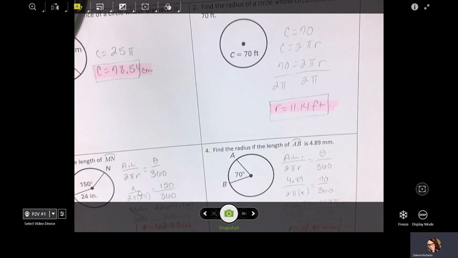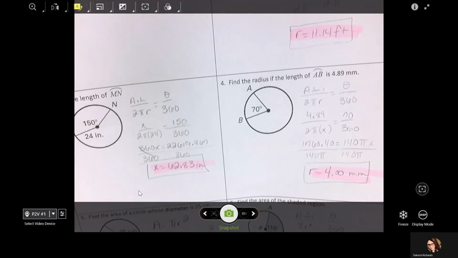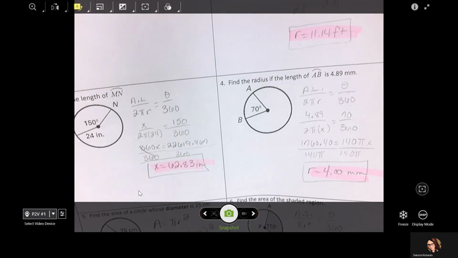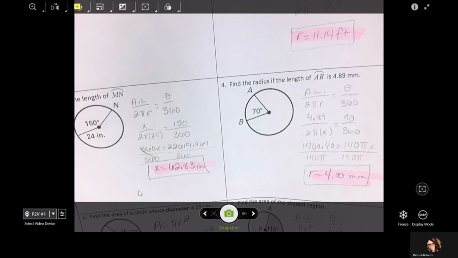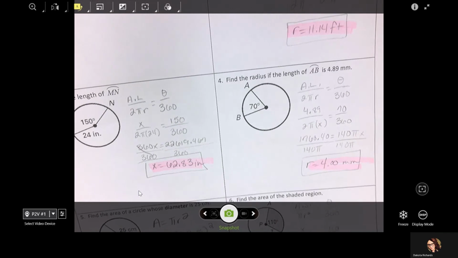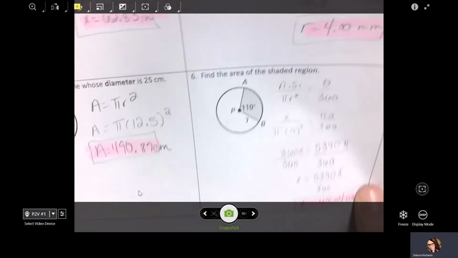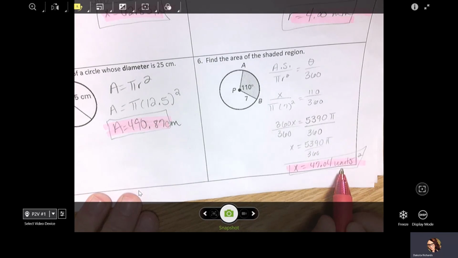Number 2, that was in feet. Any questions on the first page of the quiz? And then for 5 and 6, if it doesn't give you a unit of measurement, just put units.